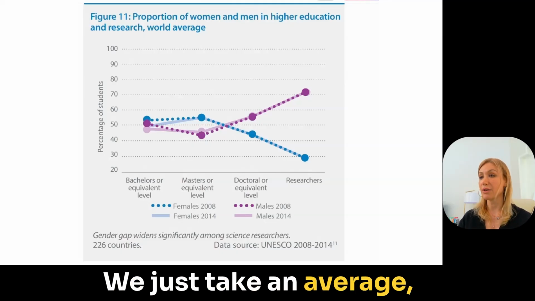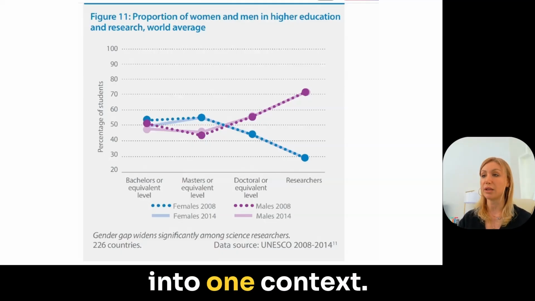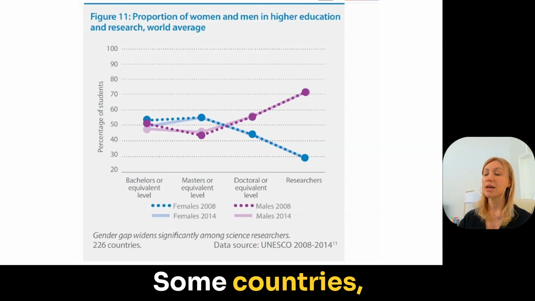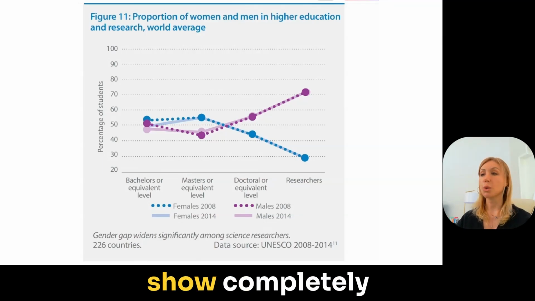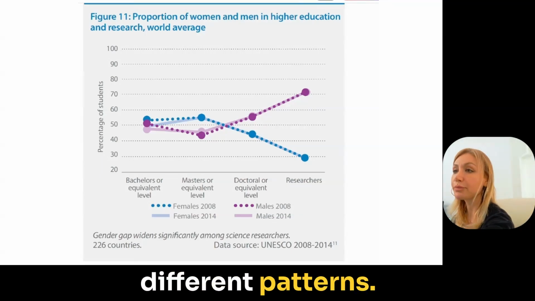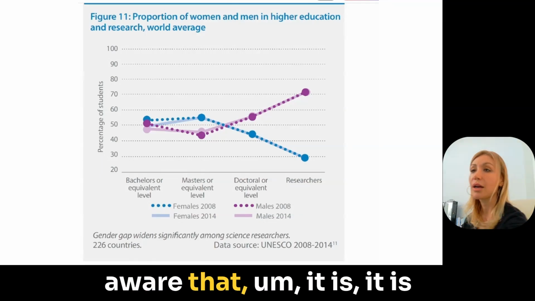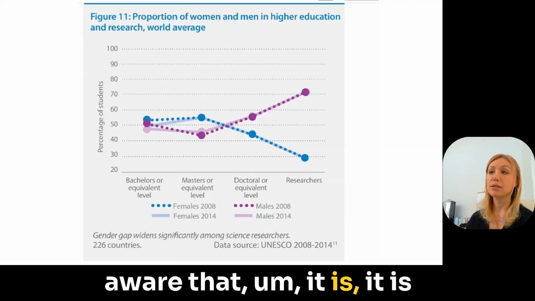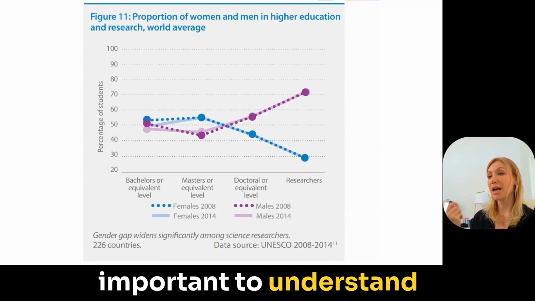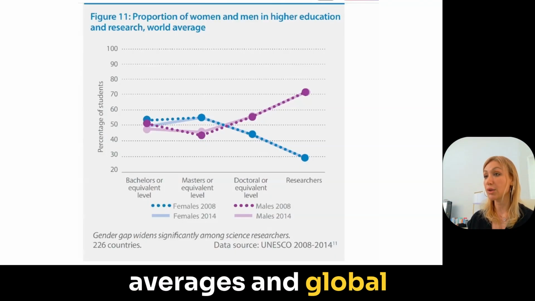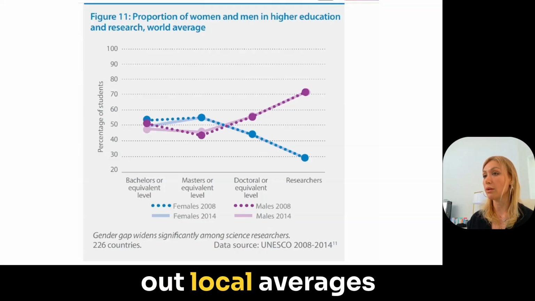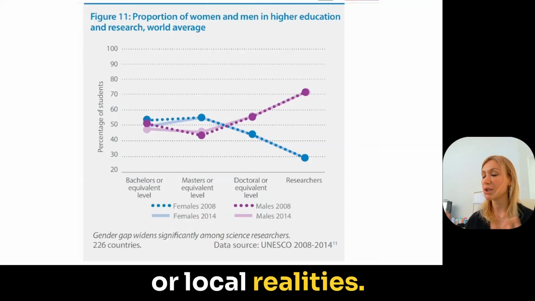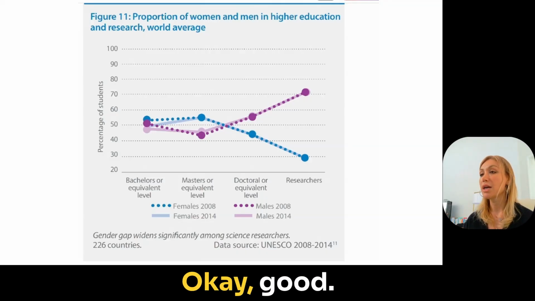We just take an average, we just collapse the information into one context. Some countries, some fields may show completely different patterns. We just need to be aware that these are global averages, and global averages smooth out local realities, what's happening locally, okay?